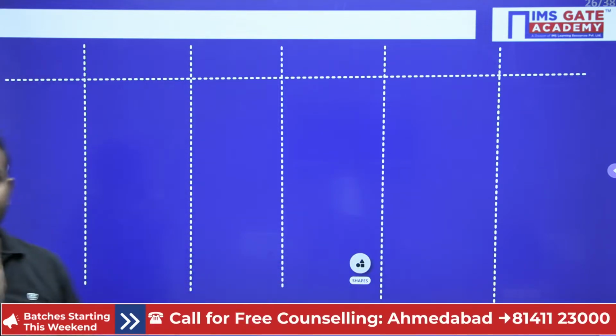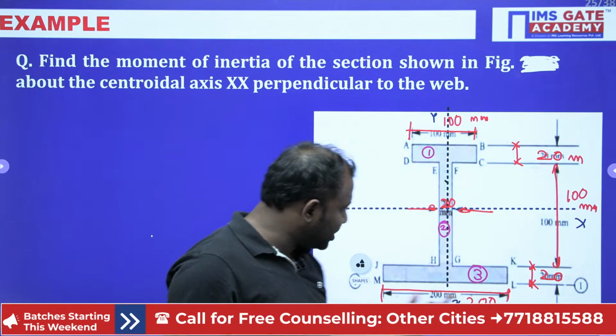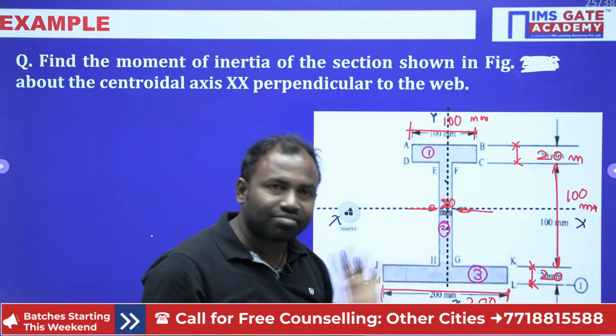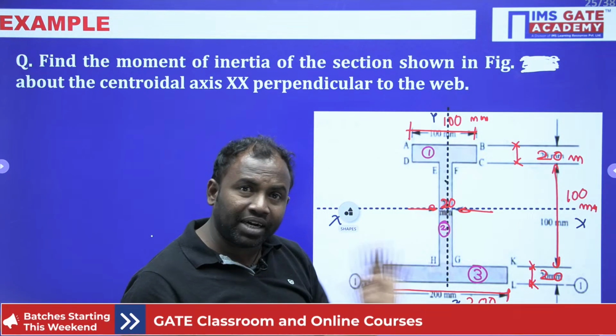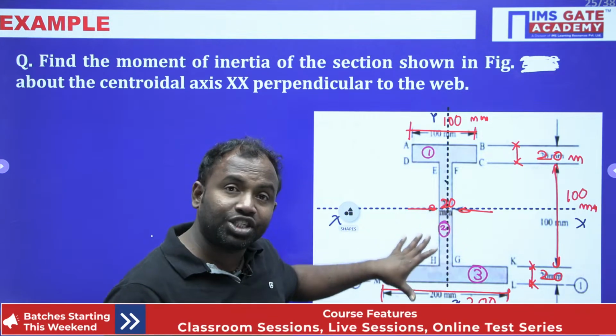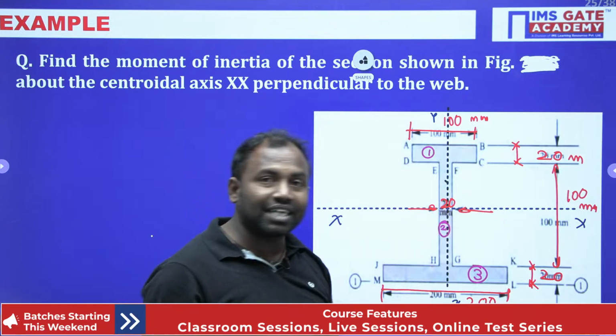Now, first we will find the moment of inertia of this entire body about 1-1. But we do not require the moment of inertia of the body at 1-1. We require the moment of inertia of this entire body about the x-axis.